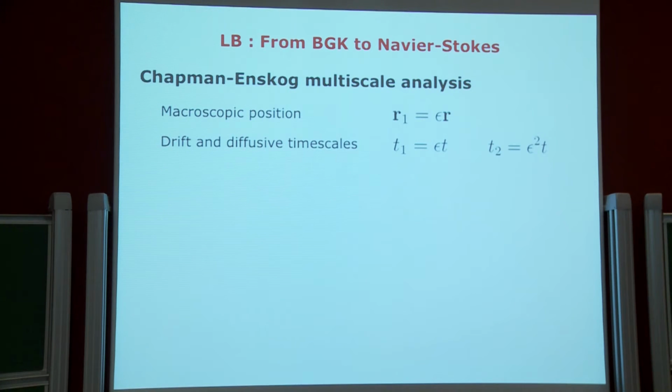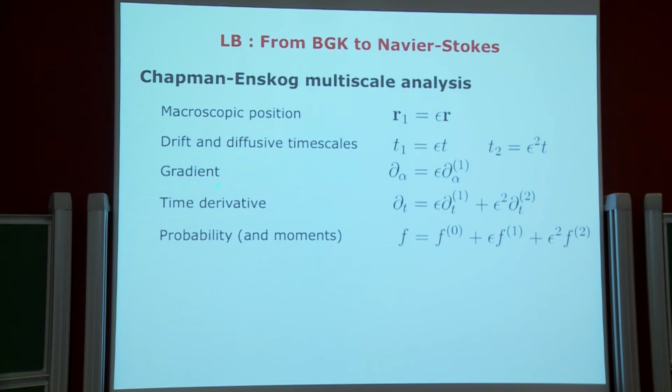And you can also think about what the gradient and time derivatives would look like in the other length scale or observation scale. And again, you will have different contributions corresponding to the various processes. And finally, the probability distribution and its moments can also be expanded in powers of this length scale ratio epsilon.